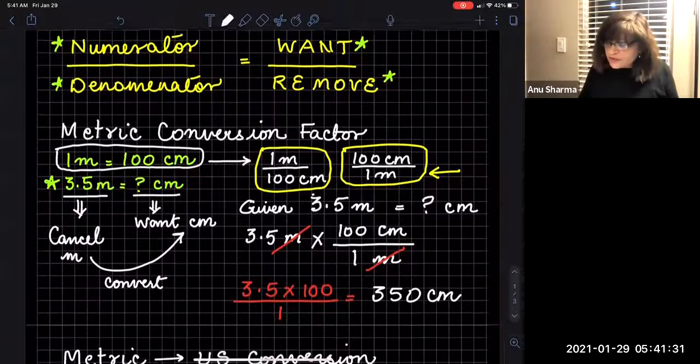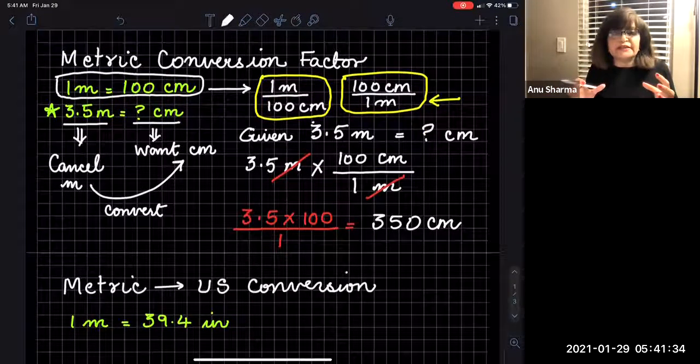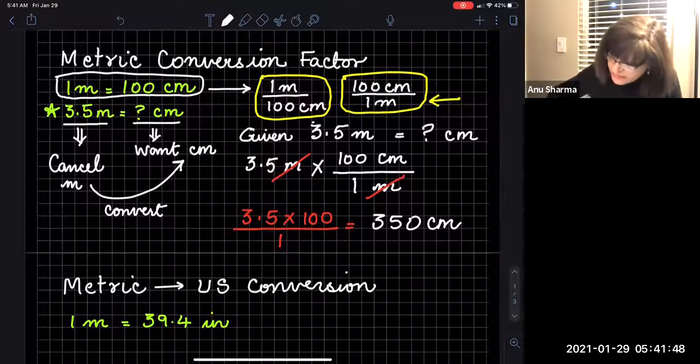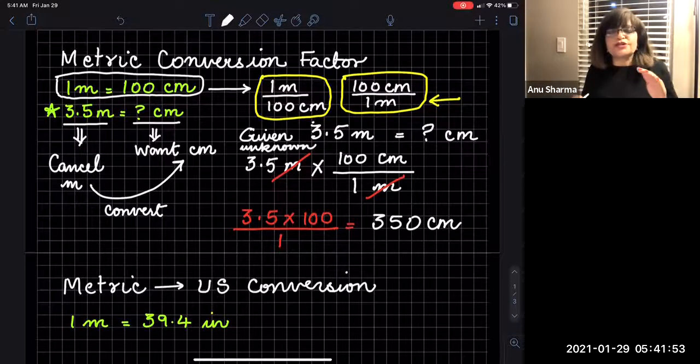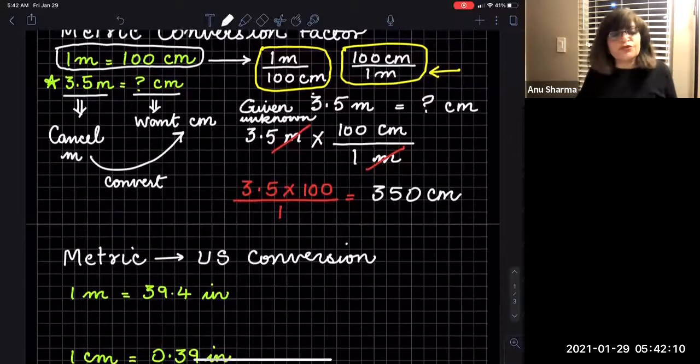So this is how you use a known equality, which is 1 meter is equal to 100 centimeters, and then you use the given, which is really the unknown. This has to be converted from meters into centimeters. So 3.5 is given, times the conversion factor, which cancels out the units. And this is how you set up the problem.